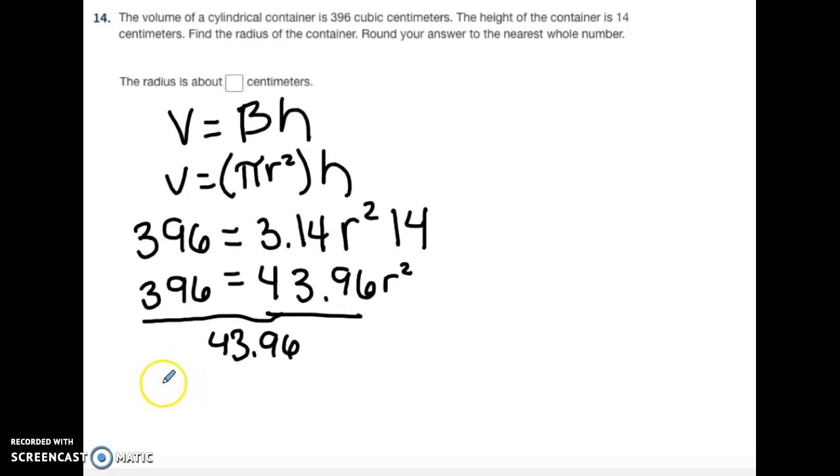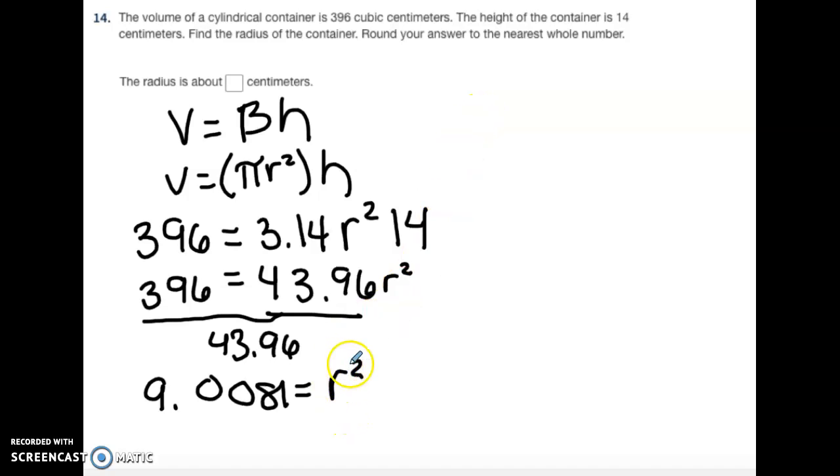You get a long decimal, so I'm going to just write down 4 decimal places because we want the nearest possible answer, so you don't want to round too much until the final answer. So just use 4 decimal places until you're rounding your final answer.